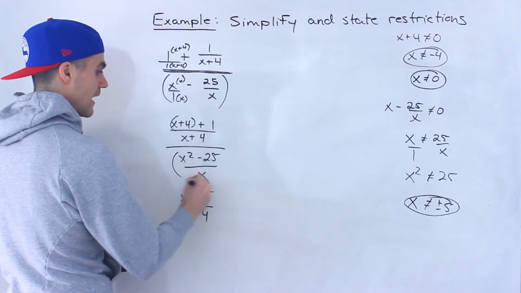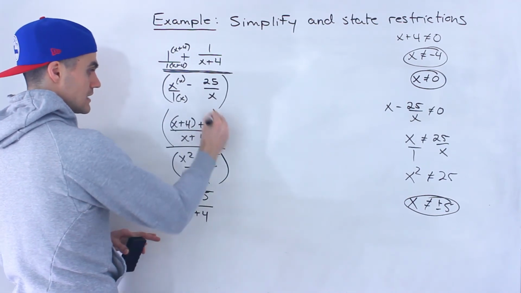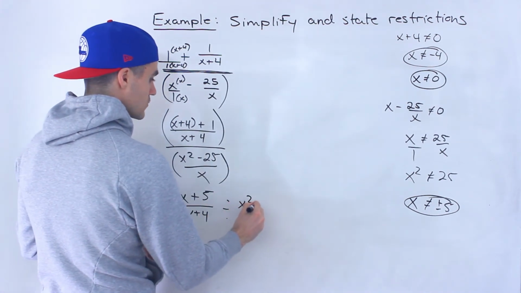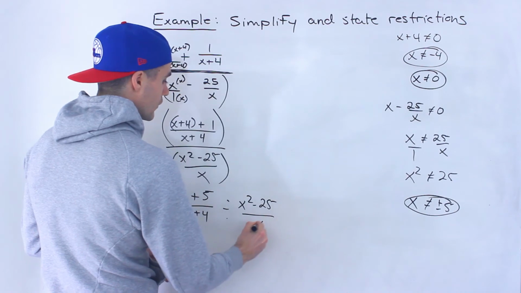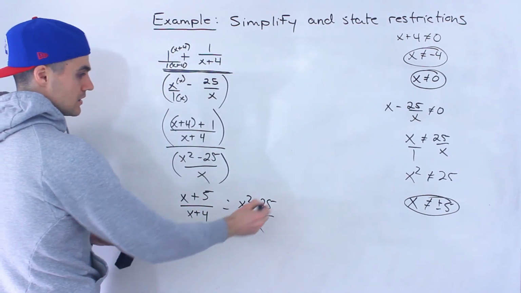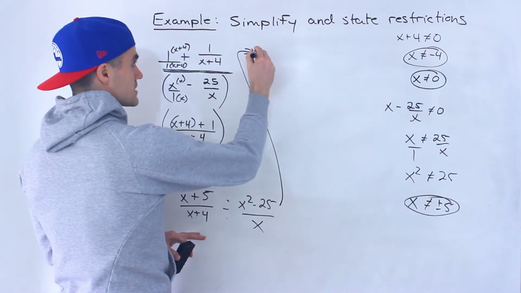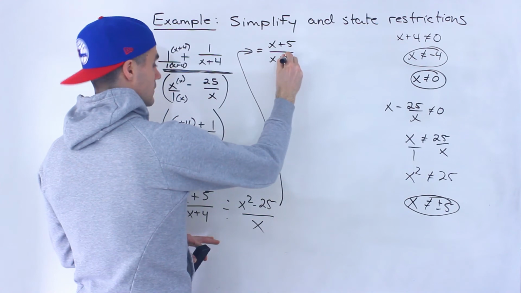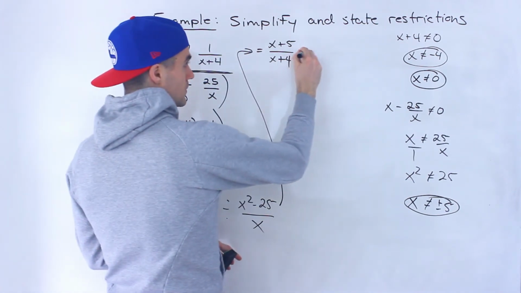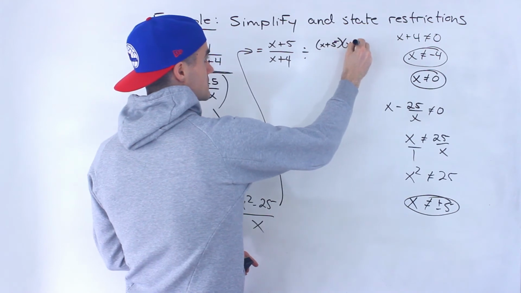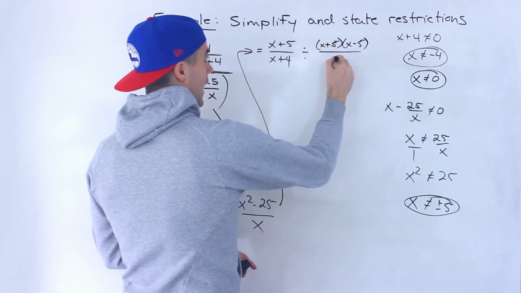And then notice we're dividing by this fraction. Right, so we're taking this, dividing it by this, so we'd have divided by x squared minus 25 over x. And then what we want to do here, if we continue it, is we can factor the x squared minus 25, which would be x plus 5, x minus 5, and this would be all over x.